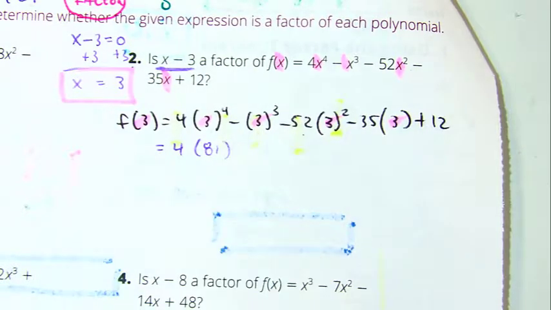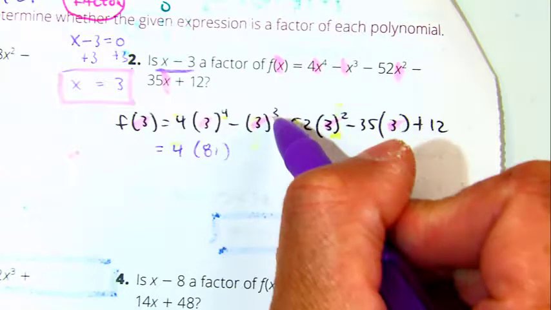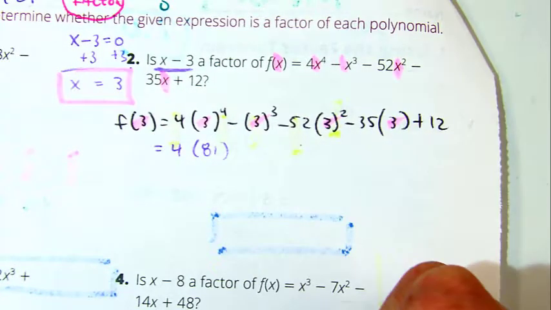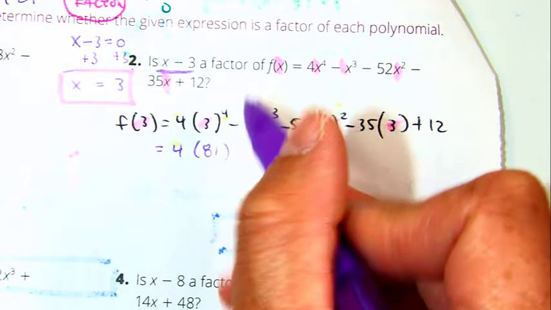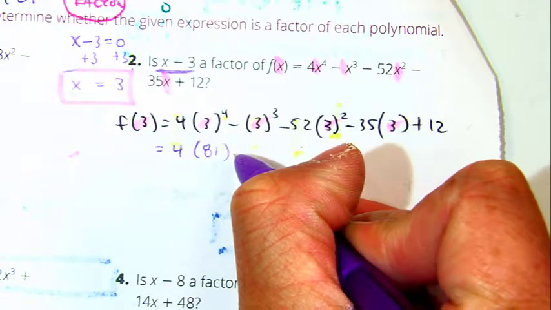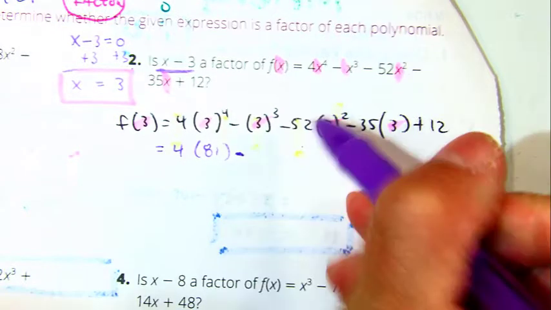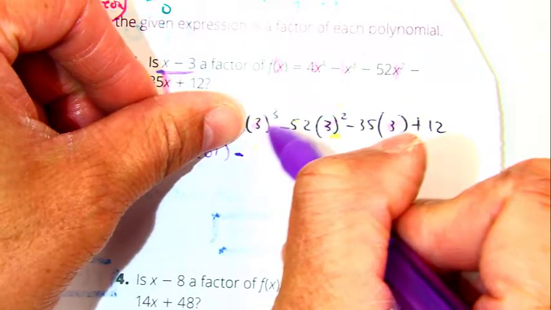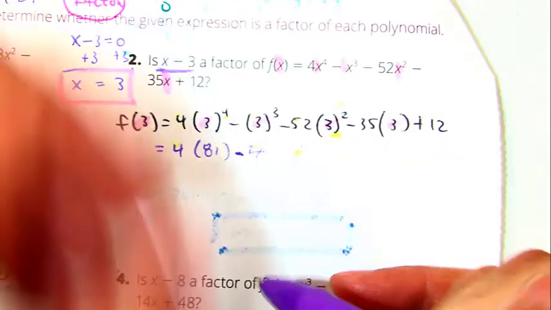Remember, what do you do first? Exponents. So this is 3 to the 3rd power, and then the opposite of that, which is negative 27.